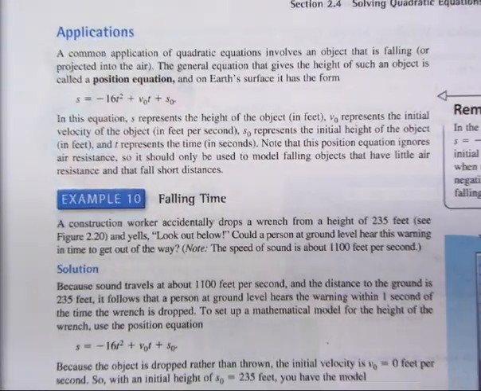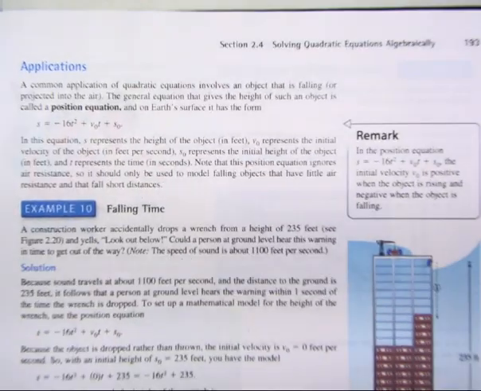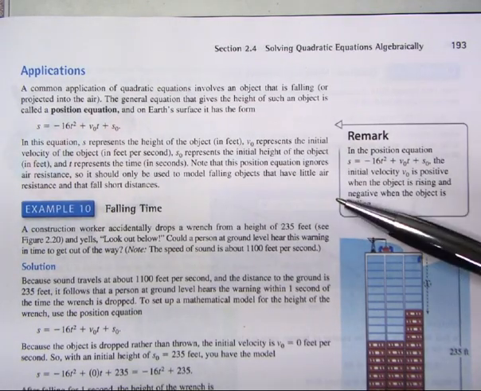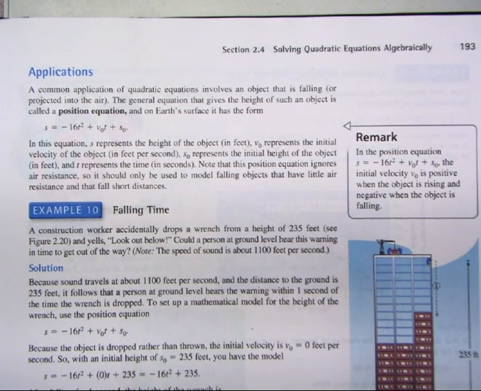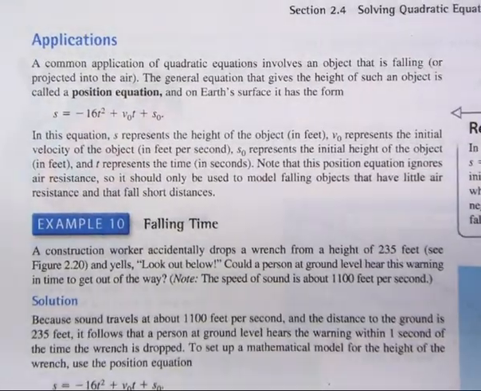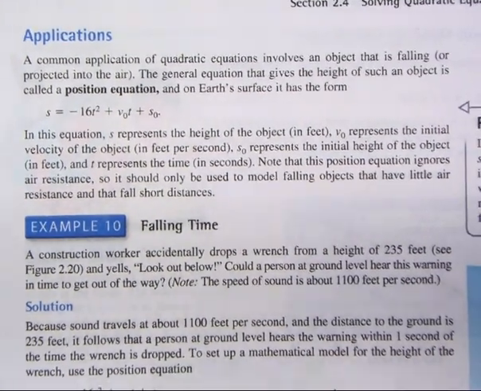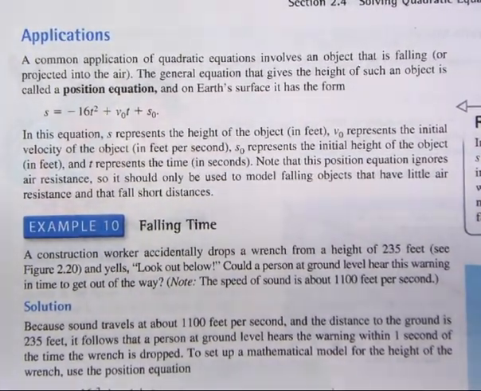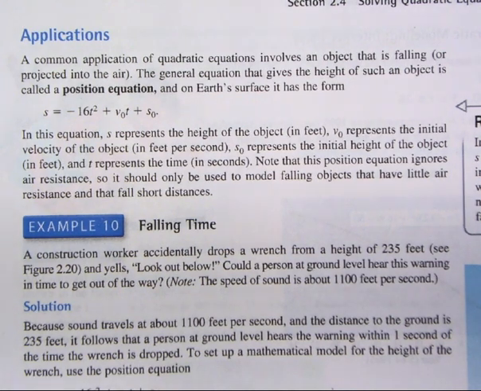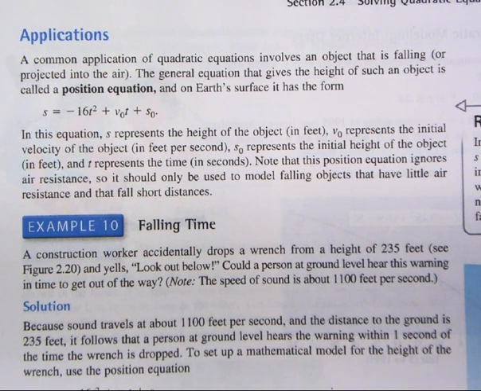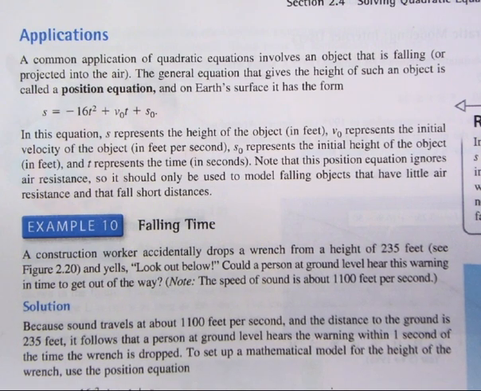Okay, so I just want to show you, this is in your book on page 193. So if you need to use this for your assignment tonight, this is where it is. It's in the section of 2.4. So here's what all the variables stand for and what the equation does for you. What this equation does is if you know how high something was dropped from, or the height at which something was thrown up in the air, and you know the initial velocity at which the thing was thrown or dropped or whatever, then you can use this equation.